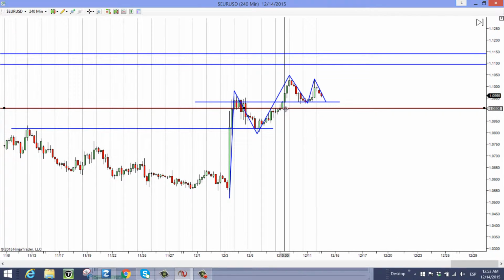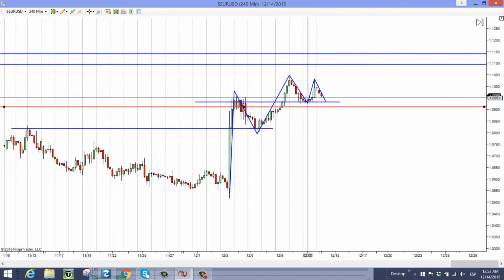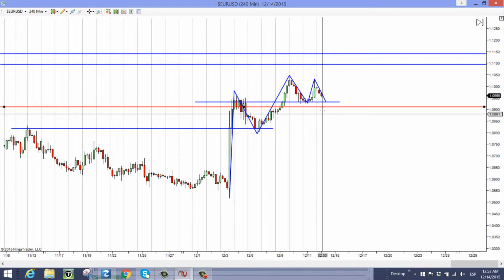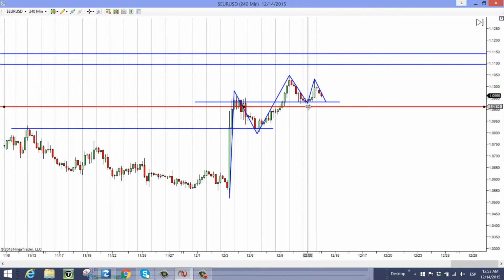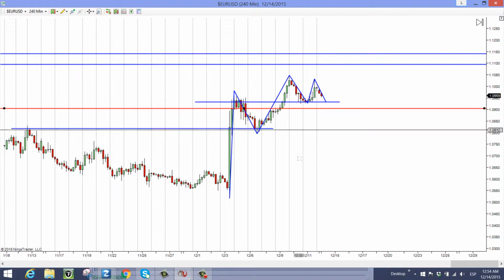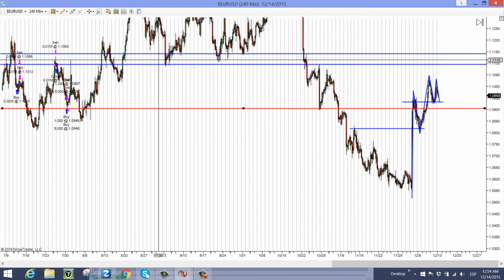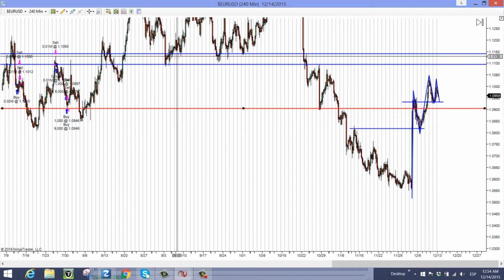I can put it right here, right down here, and if the market breaks this structure, I'm wrong. So I can wait till the market goes down here, but I can put my stop right here because I already have the structure right here. And looking for the same targets, making a consideration for this structure right down here, because as you can see, this is a previous support level.